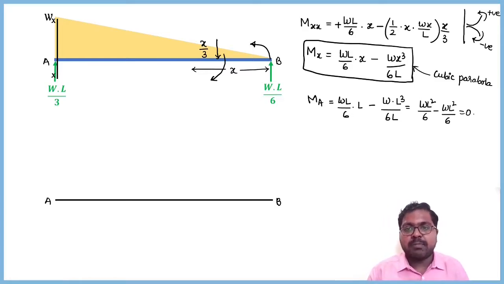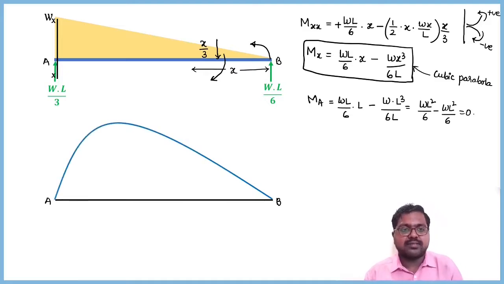So the bending moment path will be like this. Here somewhere the bending moment is maximum, so we need to find the value of the maximum bending moment.